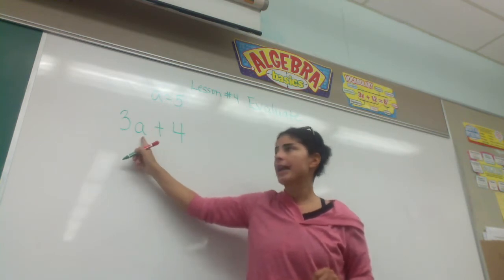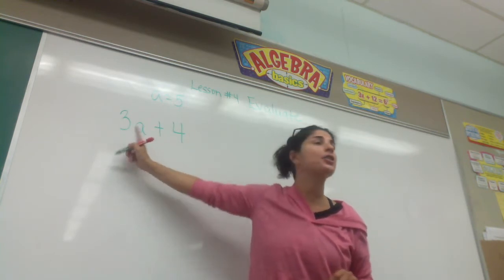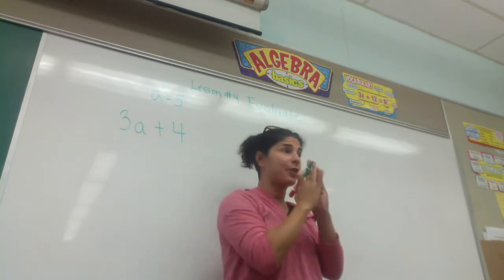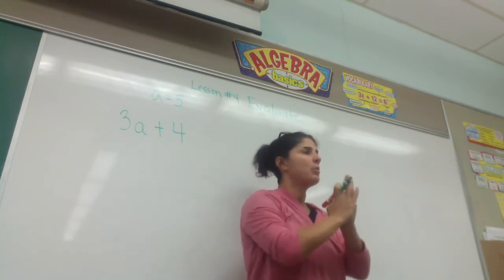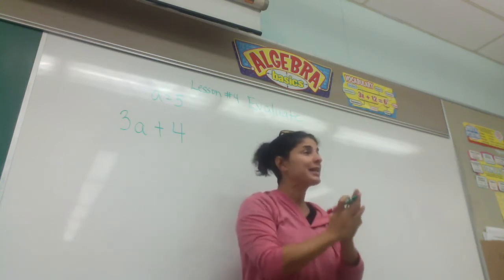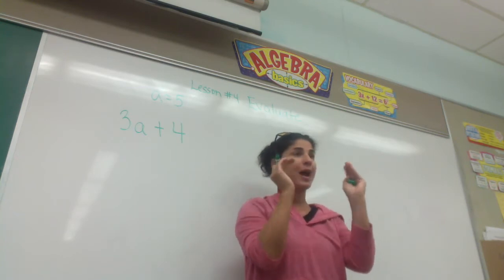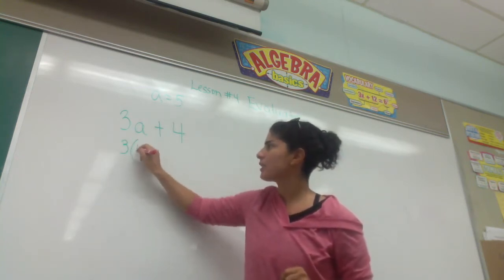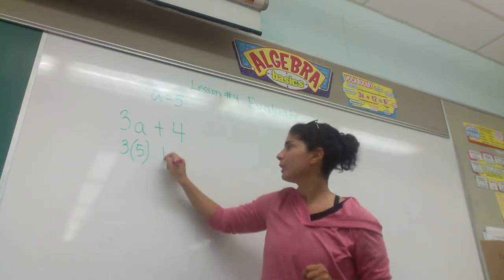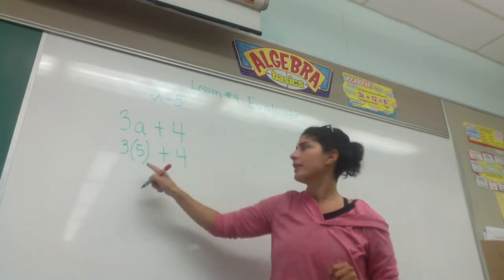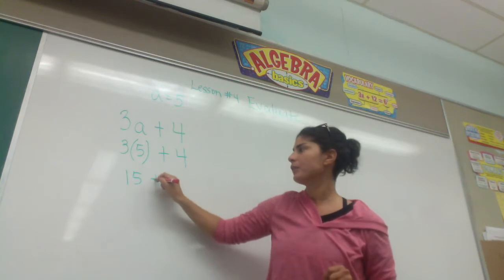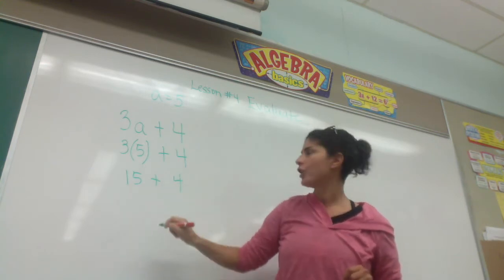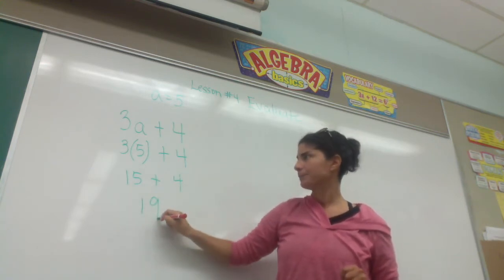Because the 3 and the a are stuck together, they are a multiplication, which means that I'm going to put brackets around the 5. So 3 times 5 plus 4 gives me 15 plus 4, final answer of 19.